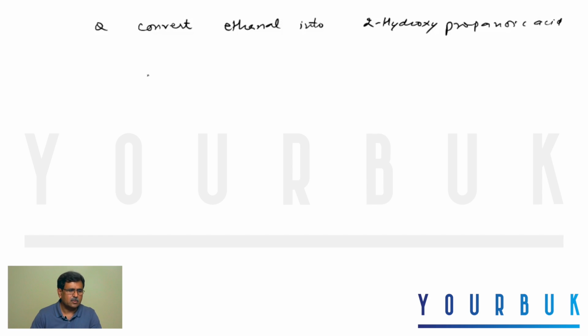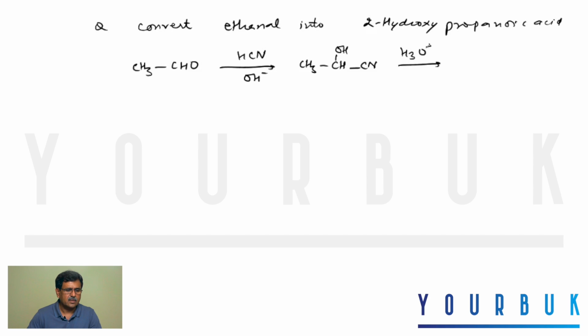Now this is ethanal and we react this compound first with hydrogen cyanide in alkaline medium. It gives a cyanohydrin and this on hydrolysis gives 2-hydroxy propanoic acid. And this 2-hydroxy propanoic acid is also known as lactic acid.